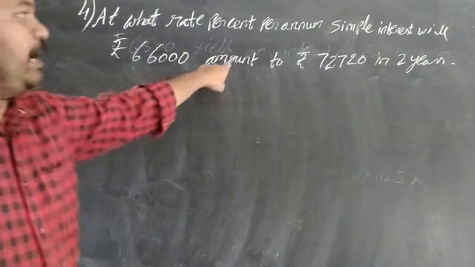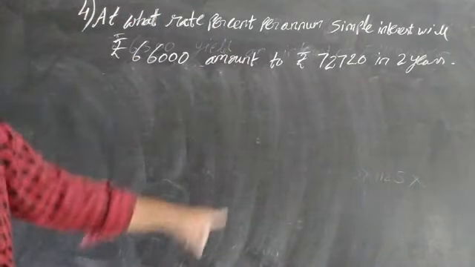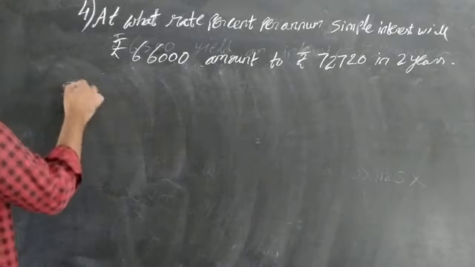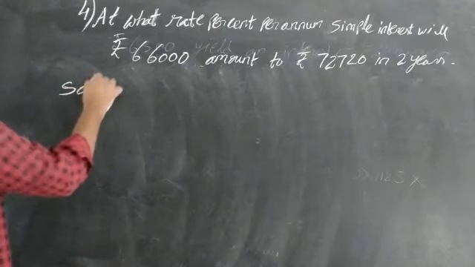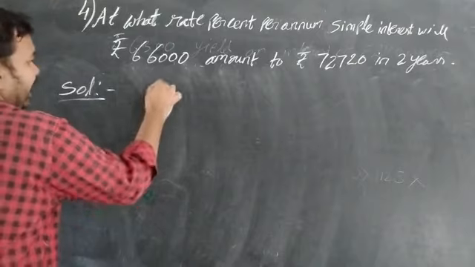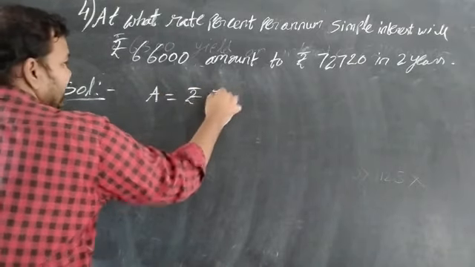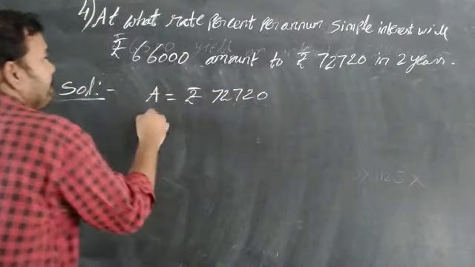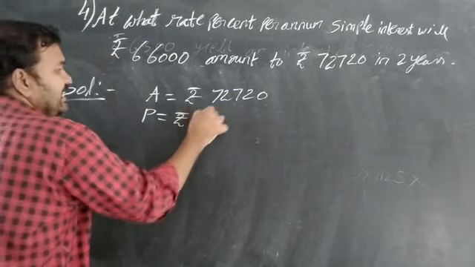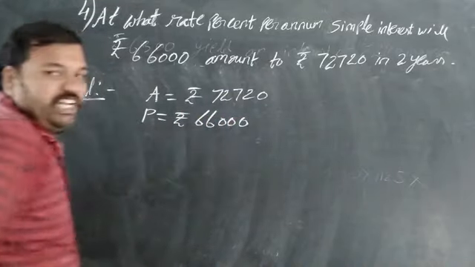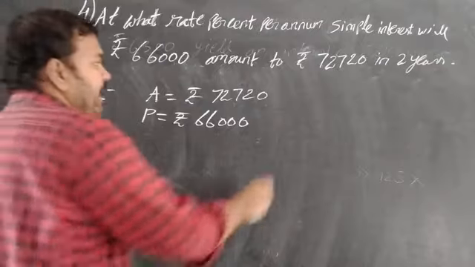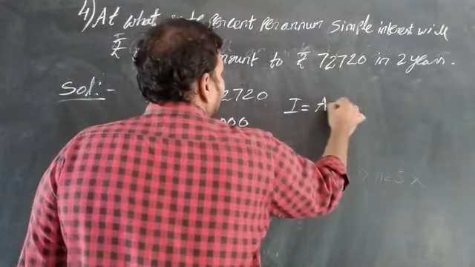Here amount is given, so to find interest. A is equal to rupees 72,720. P is equal to rupees 66,000. The amount is given to find interest only, keep in mind. So I is equal to A minus P.